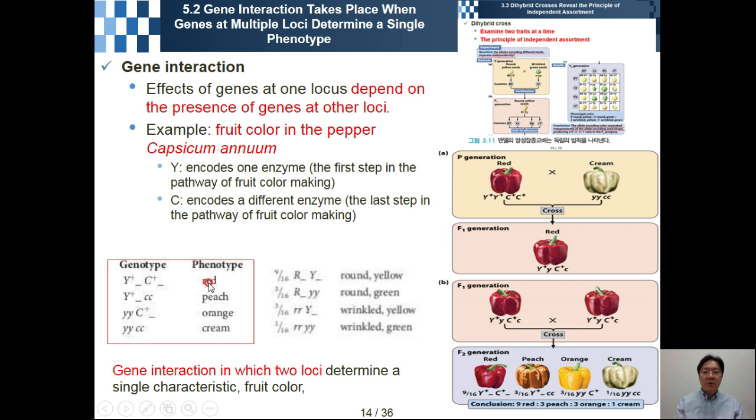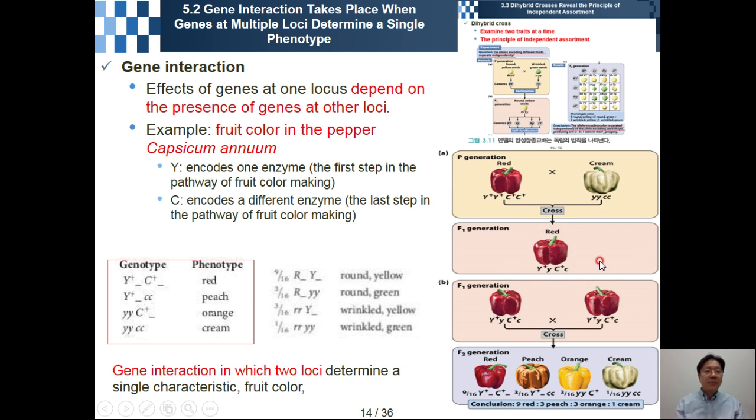In this case, the parent generation is homozygous Y plus Y plus C plus C plus, and the other parent is small yy, small cc. After that, they made the F1 generation, which is Y plus small y and C plus small c. In these cases the color is red.